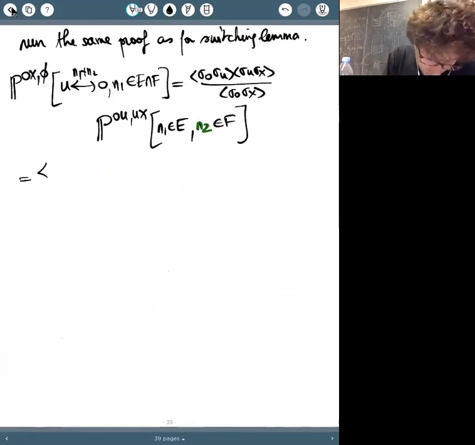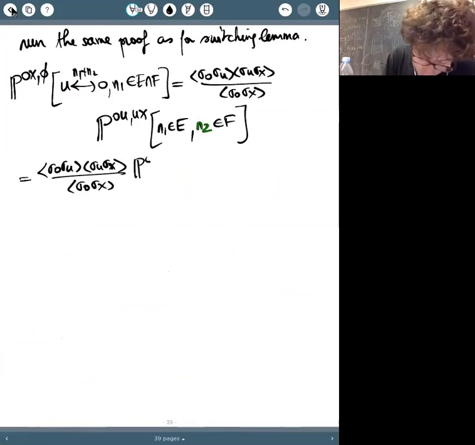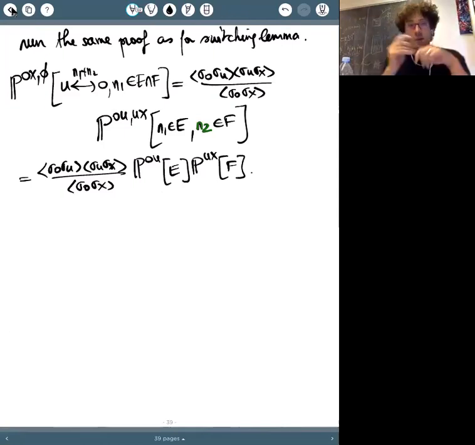So you end up with sigma 0, sigma U, sigma X divided by sigma 0, sigma X, and you end up with probability 0U of E times probability UX of F. When we discovered that, we were completely amazed in some sense. So you introduce this X, and it allows you to use the switching lemma to make N1 belongs to F become N2 belongs to F. And then you have independence.